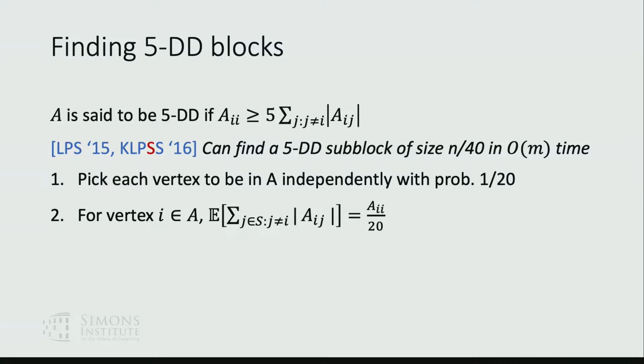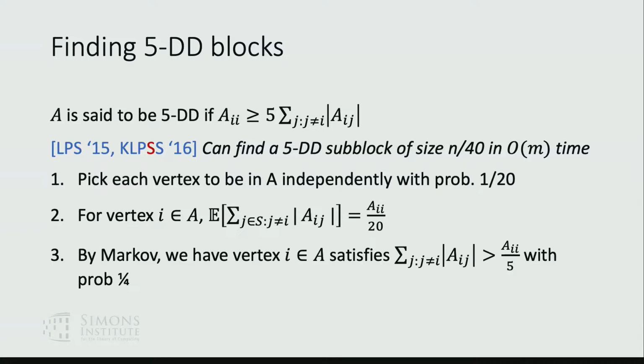So by Markov, what is the probability that it satisfies the 5DD condition? It satisfies it with probability 3/4 and only fails with 1/4. Because 4 times the expectation is diagonal over 5, by applying simple Markov, I should only fail with probability 1 over 4.